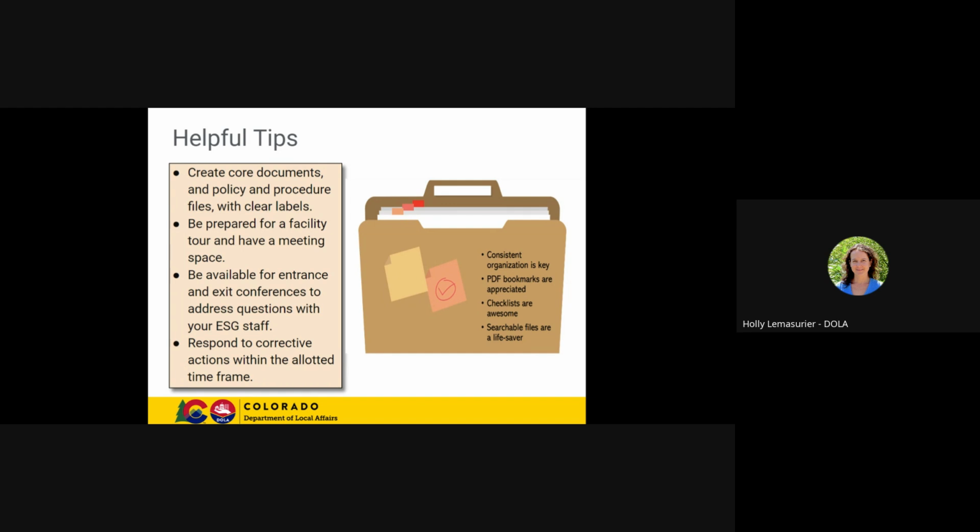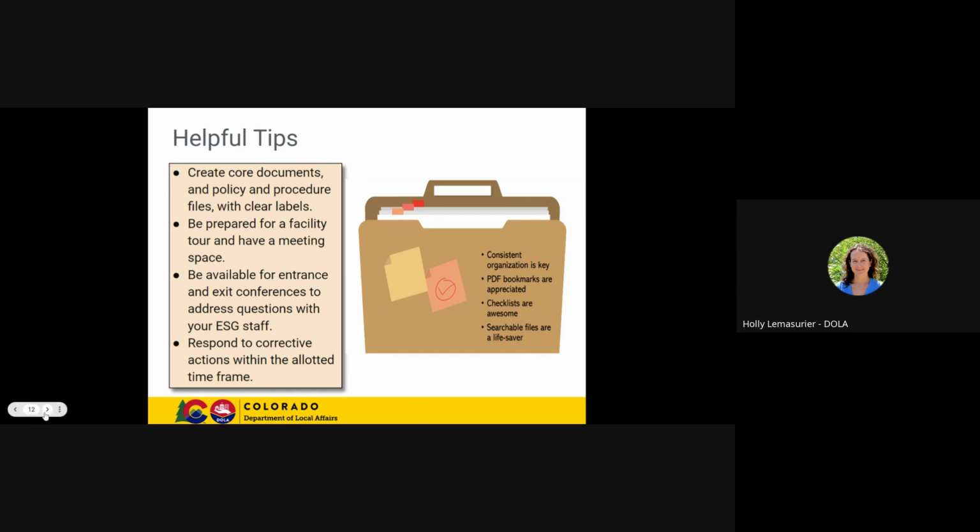The entrance conference is to ask and answer any questions you may have about the monitoring process. And following the grant manager review of your monitoring documents, you may also have an exit conference to address any questions or curing that may need to take place.